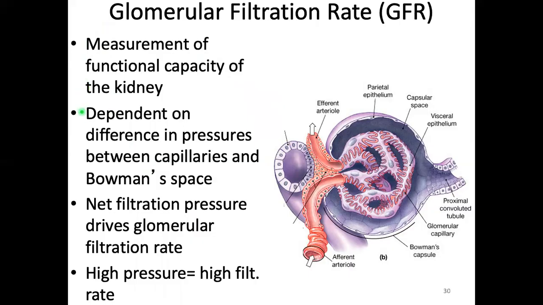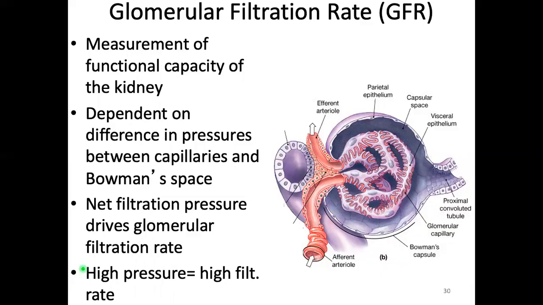It depends on the differences in pressures between the capillaries and the Bowman space. The net filtration pressure, which we just talked about, is going to drive glomerular filtration rate. So the idea behind this is that if you have a high pressure, you're going to have a high filtration rate, right? Which should make sense.